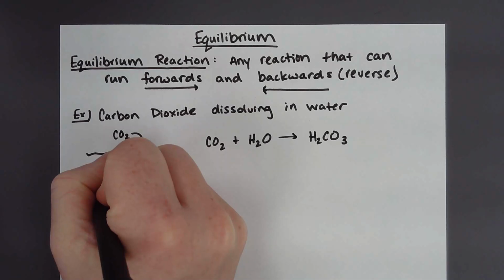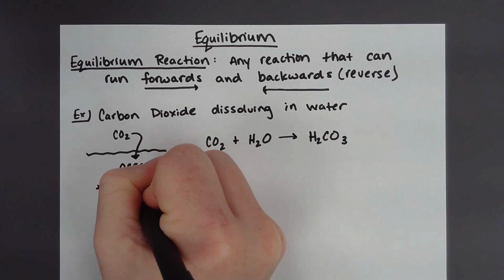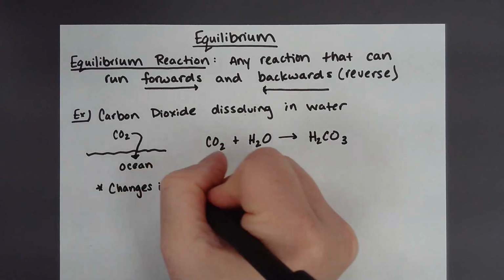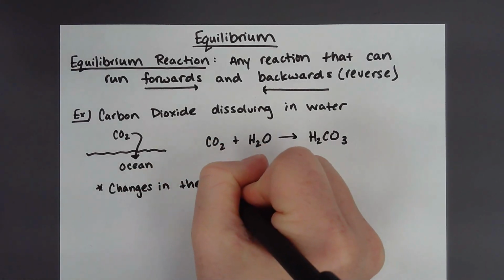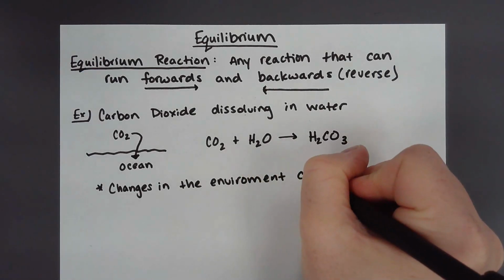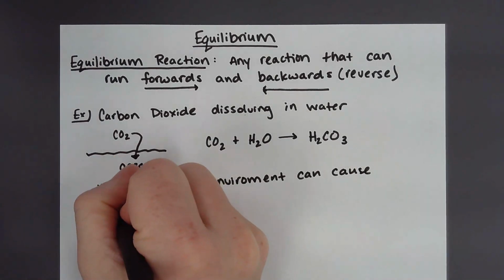The rate of CO2 dissolving into the ocean is changeable, and we can change that by changing environmental factors. So when we have changes in the environment, we can cause changes in the reaction.